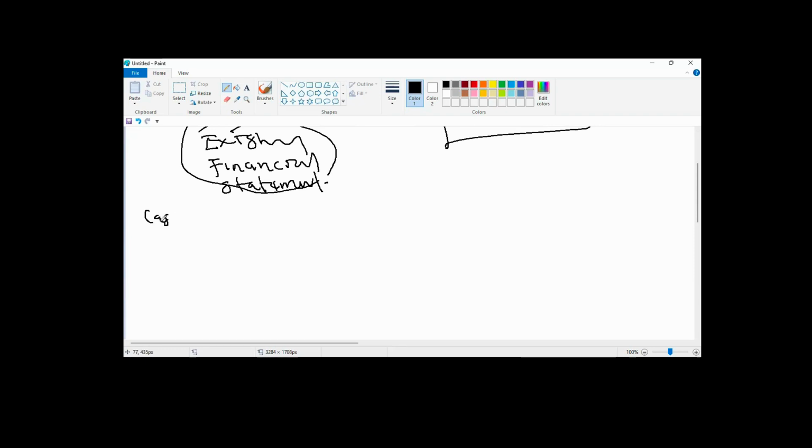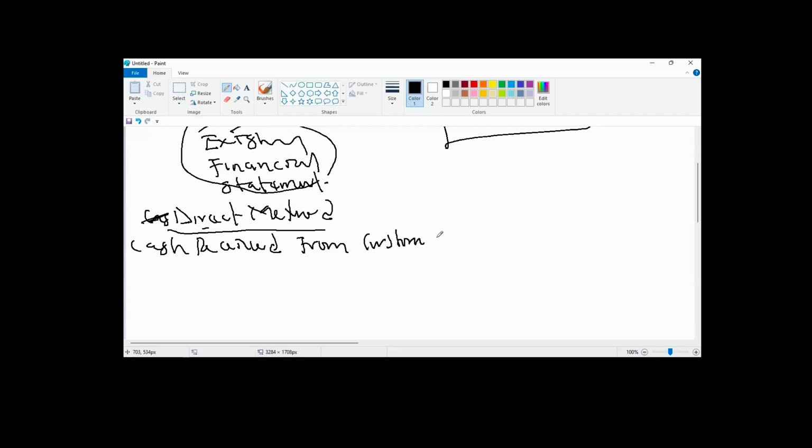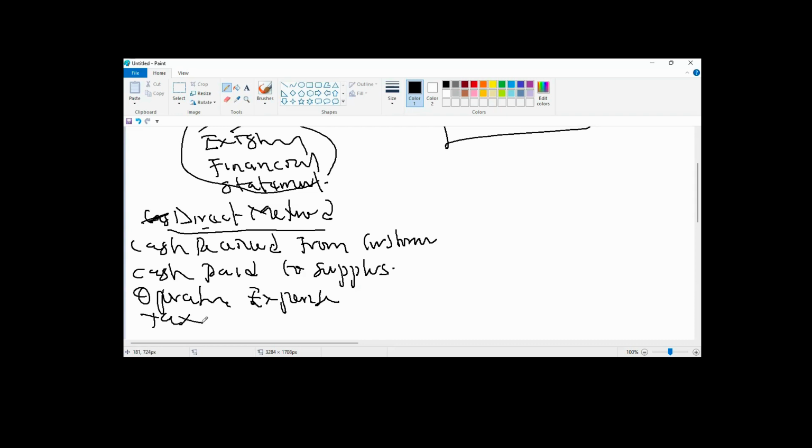Direct method now: cash receipt from customers, cash paid to suppliers, operating expenses, then tax.